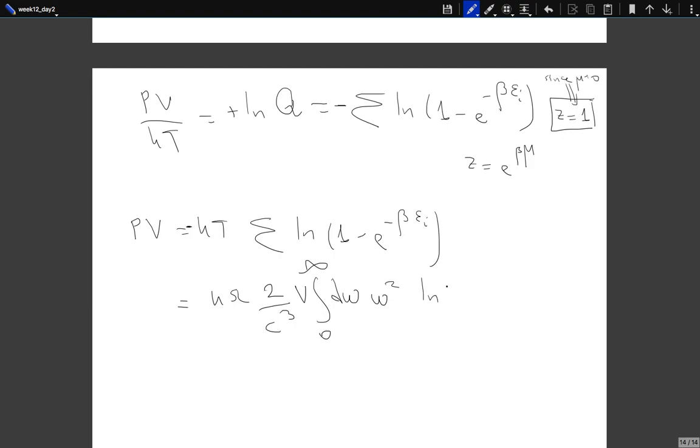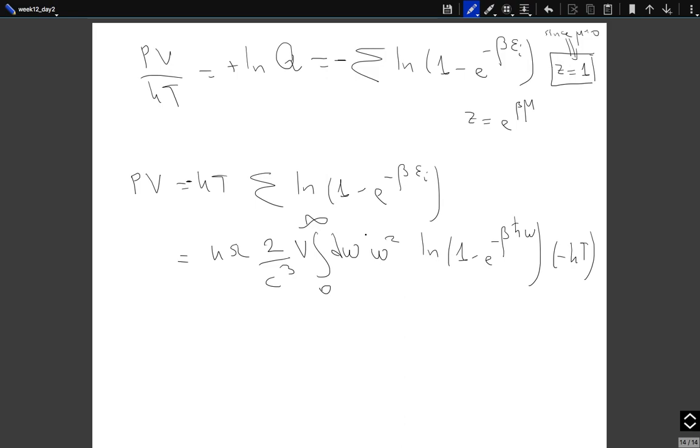Instead, I have the logarithm of 1 minus e to power minus beta epsilon, where epsilon is h bar omega. And then I have the minus kT term. Well, if I would like to compare this with the energy, in the energy expression I don't have the logarithm. I should have the 1 over e to power beta h bar omega minus 1.